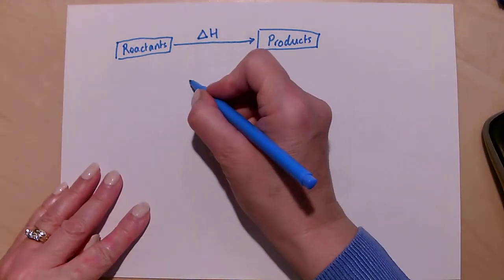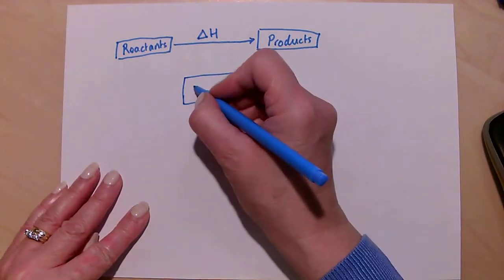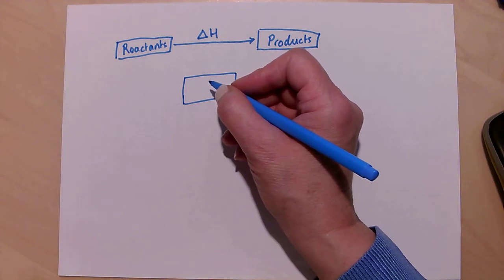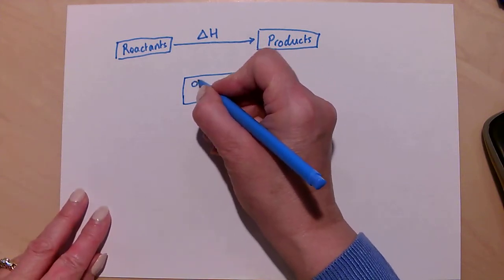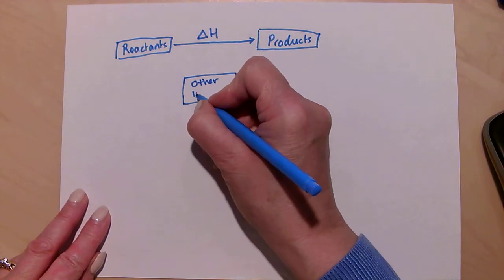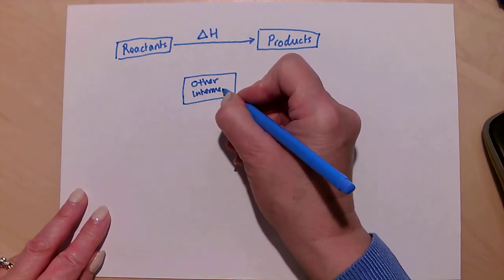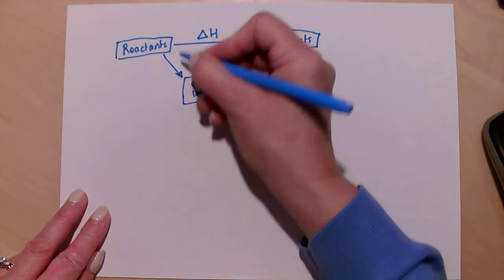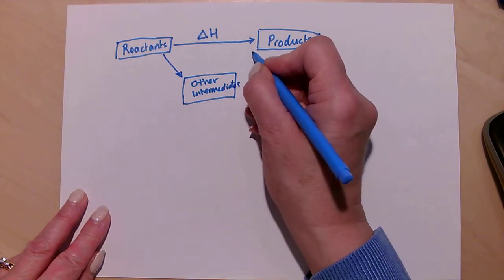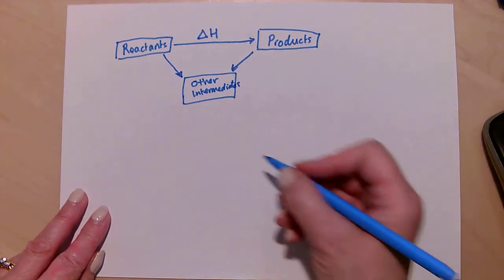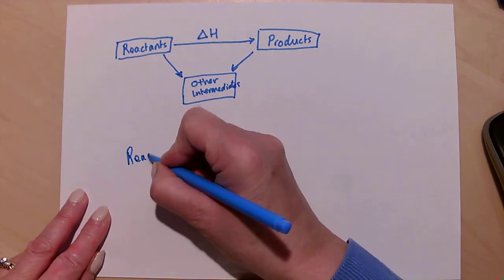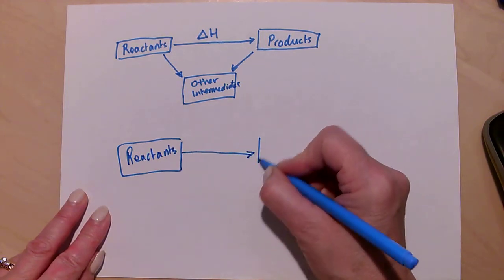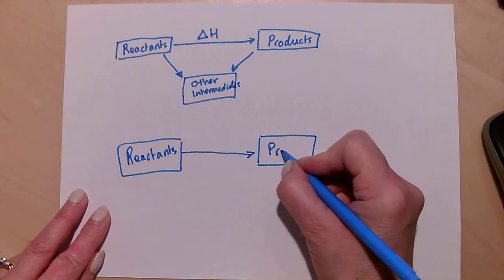Now they go to the products by going through some intermediate something or other. Okay, so this intermediate something, I'll call it other intermediates. Reactants might go to the intermediates in this way, and the products might get to the intermediates that way, or our reactants might go to our products via a different route.